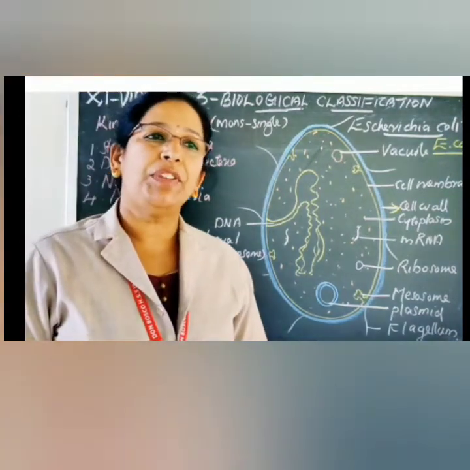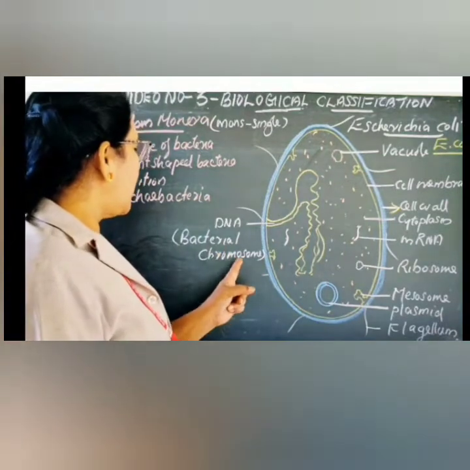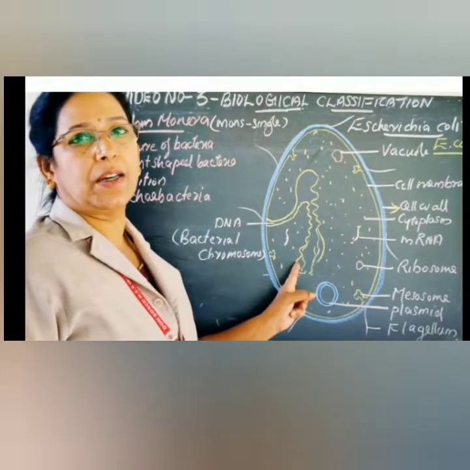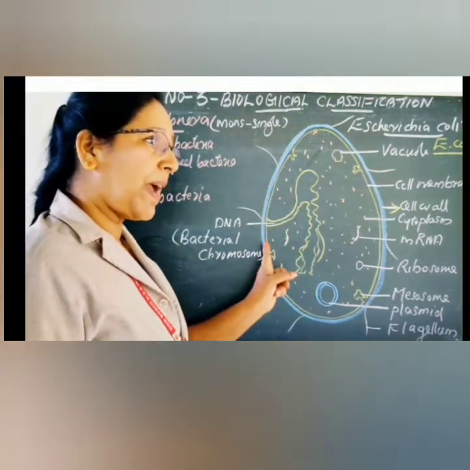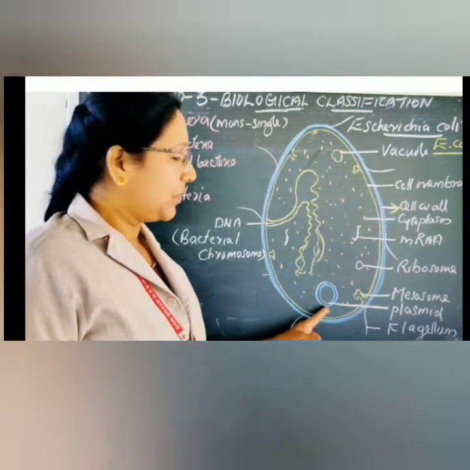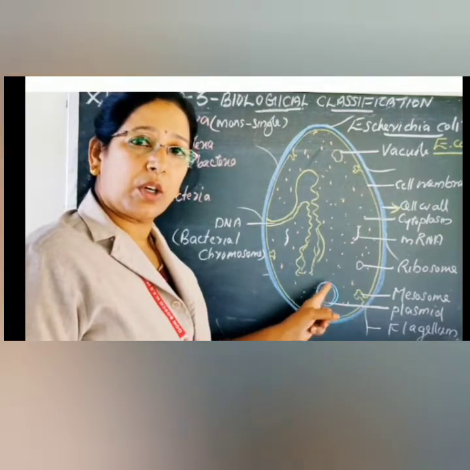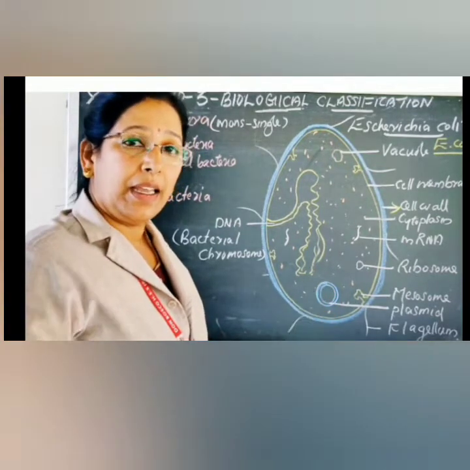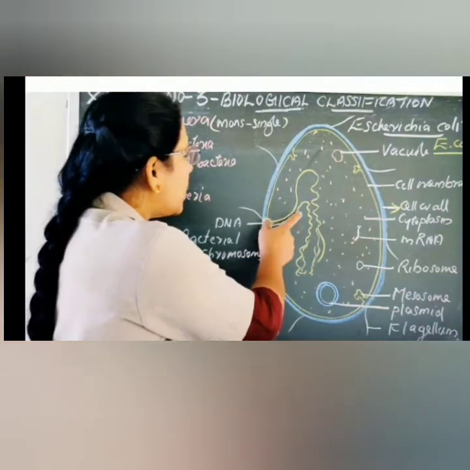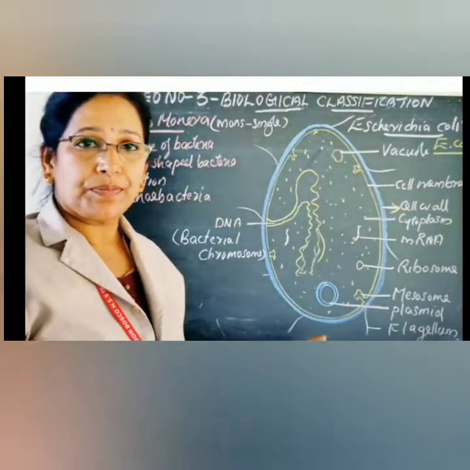What is the meaning of genomic DNA? Genomic DNA is the bacterial DNA already present here. In addition to the bacterial DNA, there is another DNA there. This is circular. It is extrachromosomal DNA, present in addition to the genomic DNA.